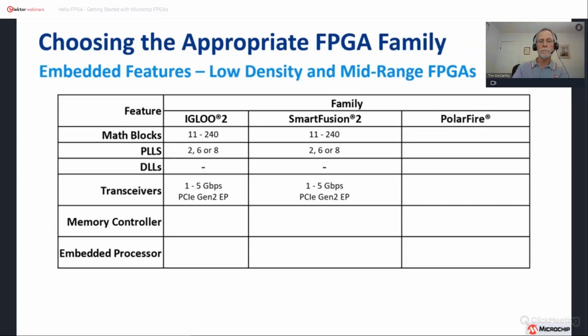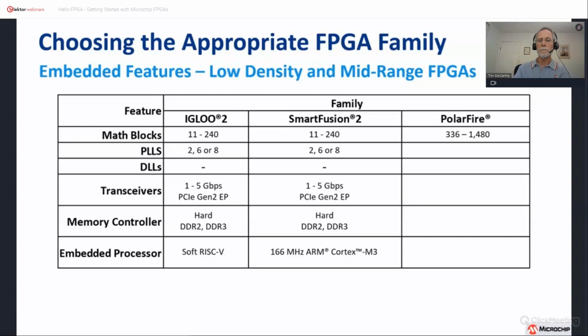Both families have a hard external memory controller that supports DDR2, DDR3, and LPDDR memories. Soft processors, based on the RISC-V instruction set, are available for Igloo 2. SmartFusion 2 includes a hard 166 MHz ARM Cortex-M3 microcontroller and peripherals.